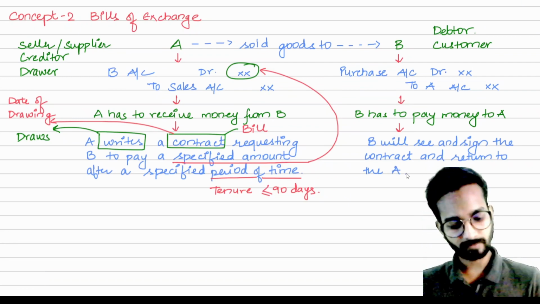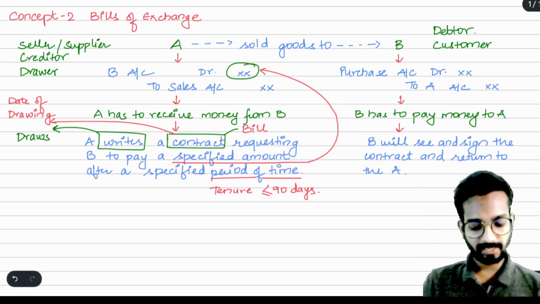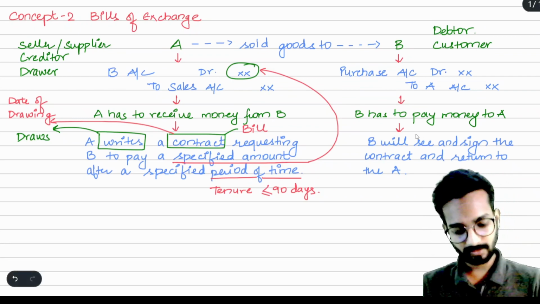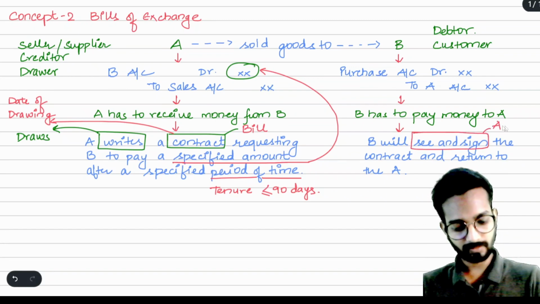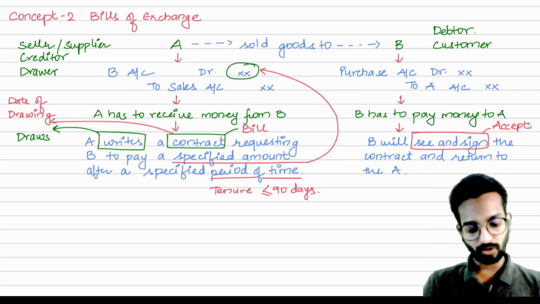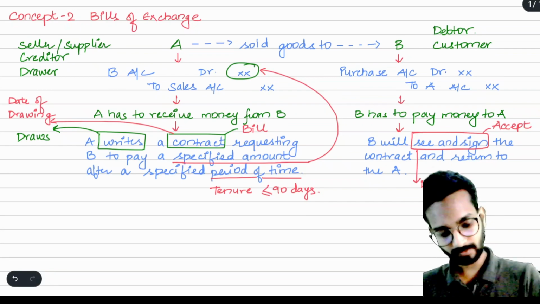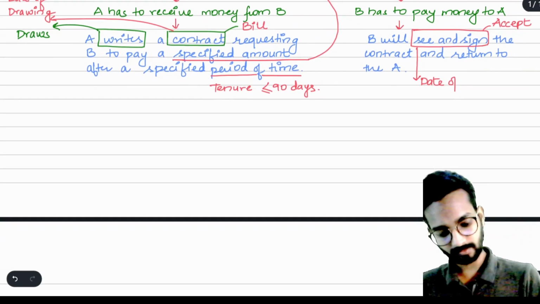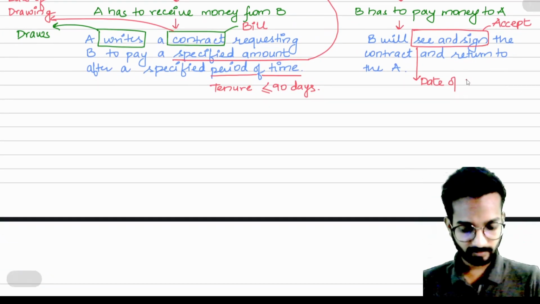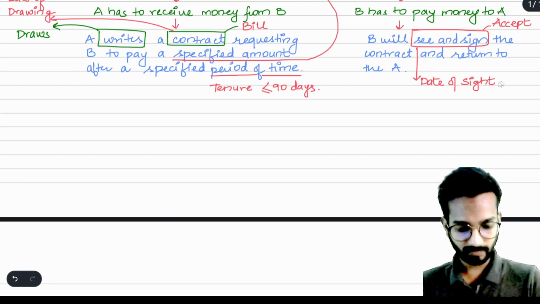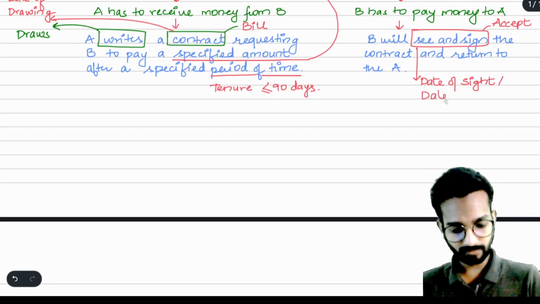Now, see and sign, what does it mean? It means B will accept the bill, or accept the contract. The day he accepts the contract, that day is called the date of sight or date of acceptance.